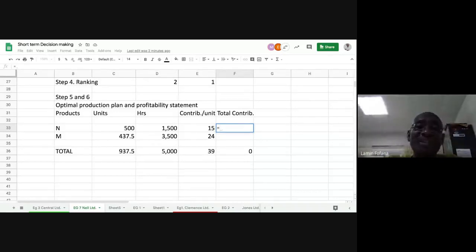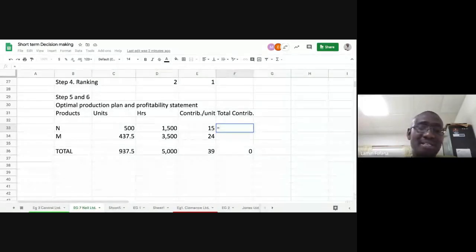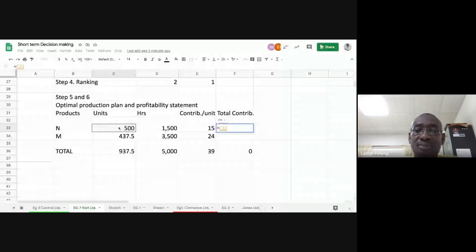Simple. The contribution is not per hour, it's contribution per unit. So we're going to compare like with like. We're not going to compare apples with pears. We are using contribution per unit to multiply by units because the contribution is per unit, not per hour. So we say equals the units multiplied by the contribution per unit. We enter and we replicate. Simple.